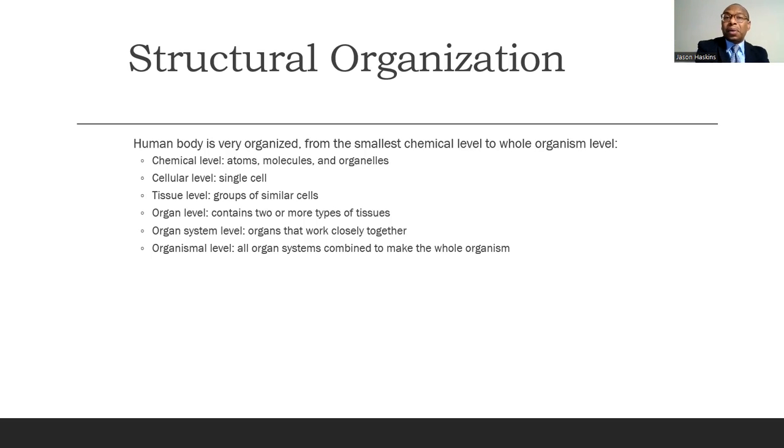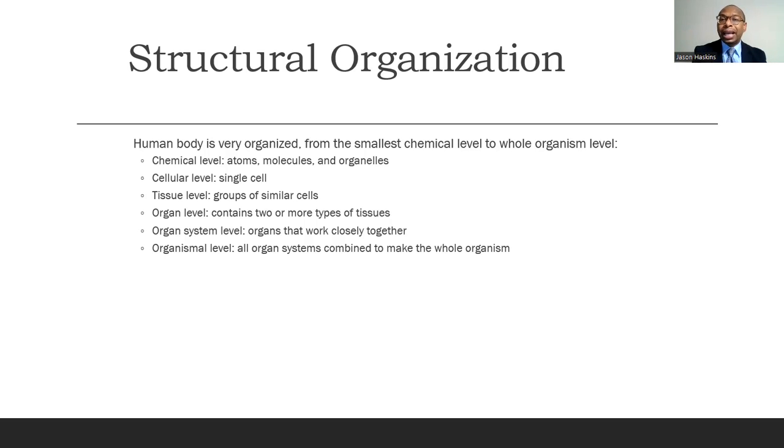So if the cells of the body are happy, meaning that they get the nutrients that they need, then subsequently the whole body is happy because it gets the nutrients that it needs, right? So we go from the chemistry level to a cellular level.